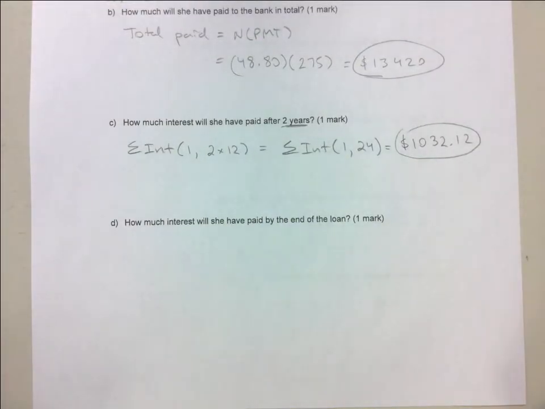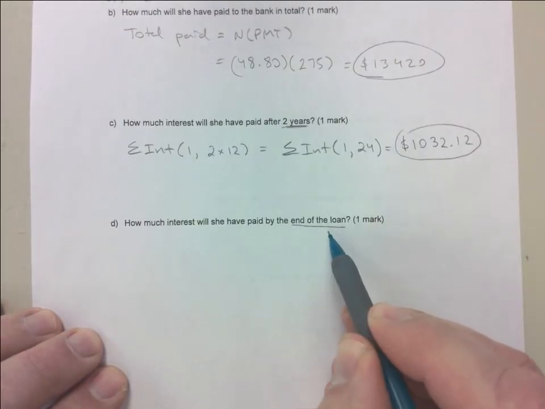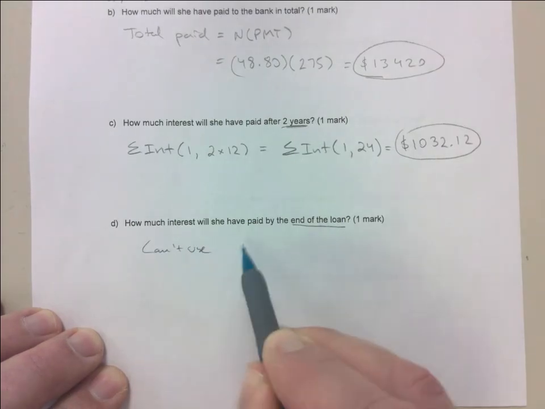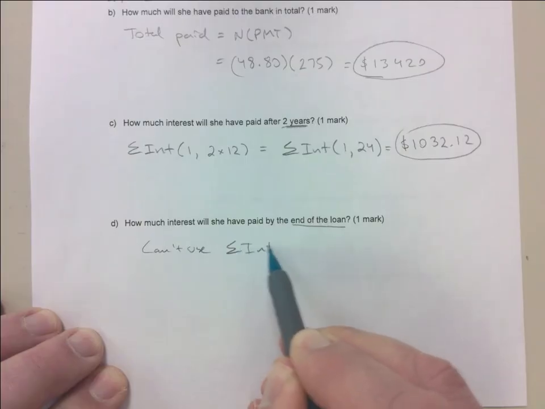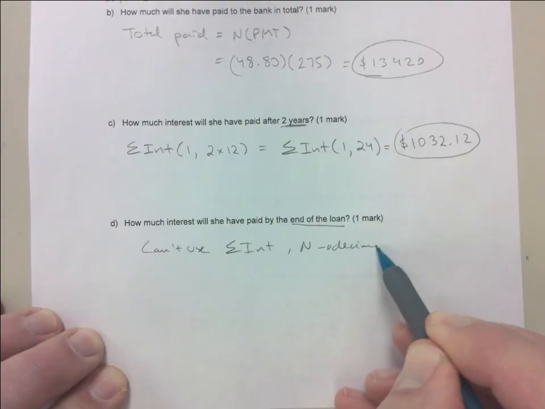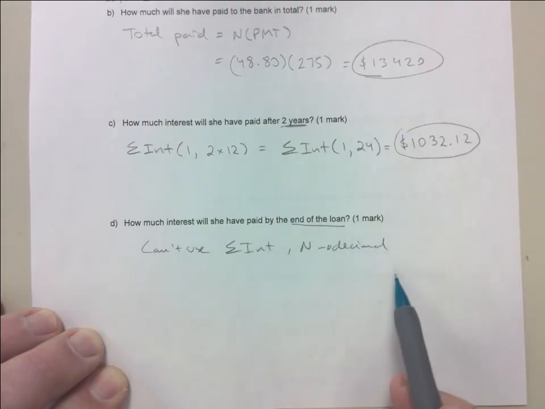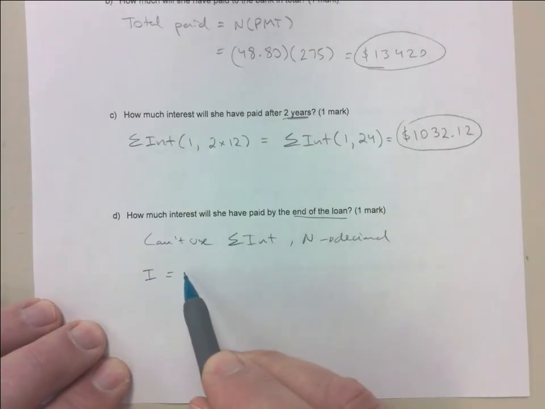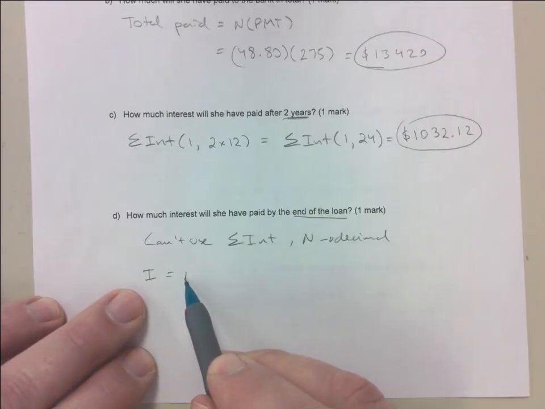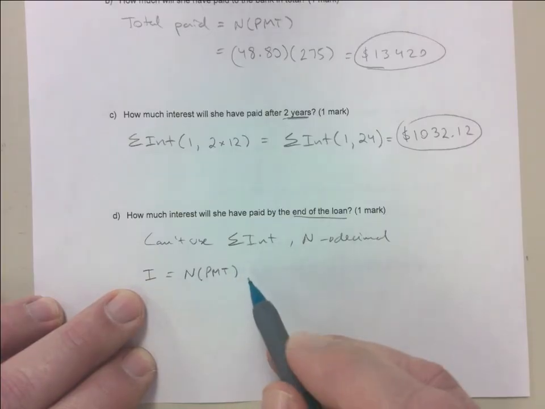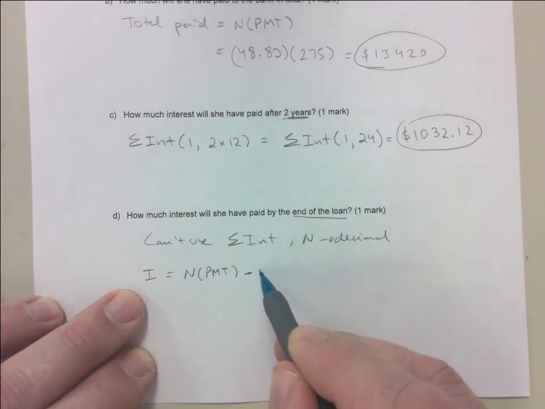How much interest will she have paid by the end of the loan? End of the loan. So this is total interest. We can't use sum of interest here. N is a decimal, right? So we can't use that one in this case. So we got to use this one. Interest is N times PMT minus present value.